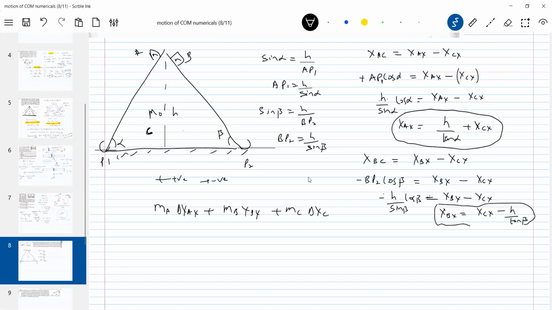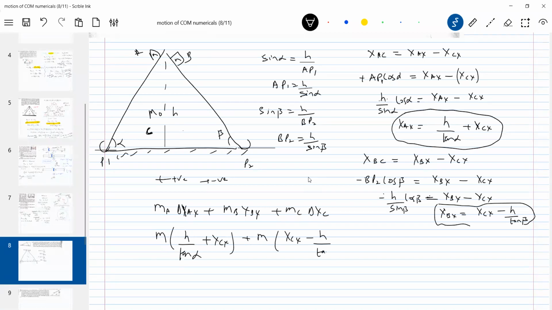What is XAX? Displacement of the block with respect to the ground along the x-axis. So what is MA? MA is M. I'm substituting everything with symbols, and this is H tan alpha plus XC. XCX is XC, or we'll keep it XCX only. No, this is M.